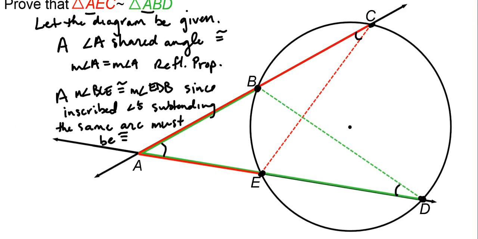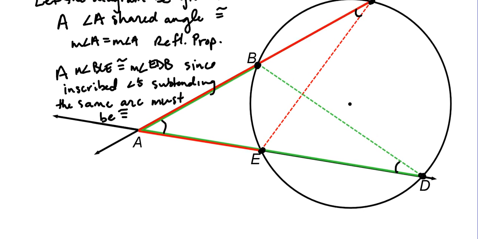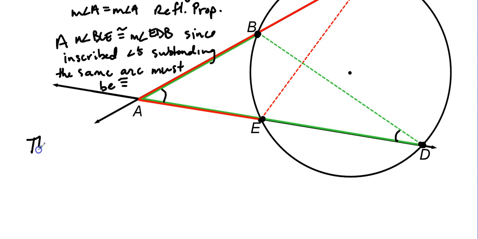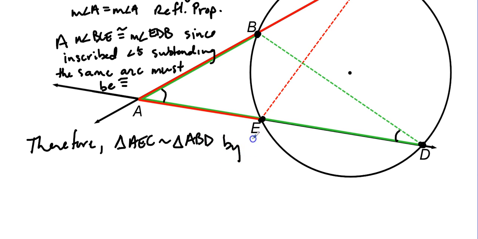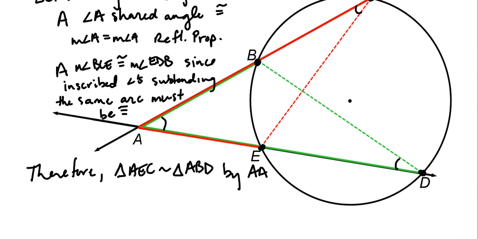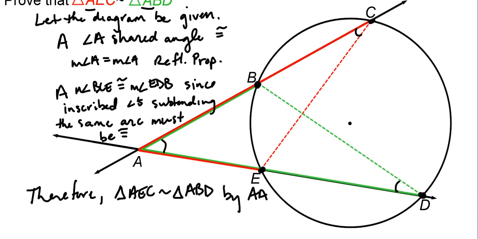So what we've just shown is that AEC and ABD are similar by AA, and that allows us to compare side lengths.